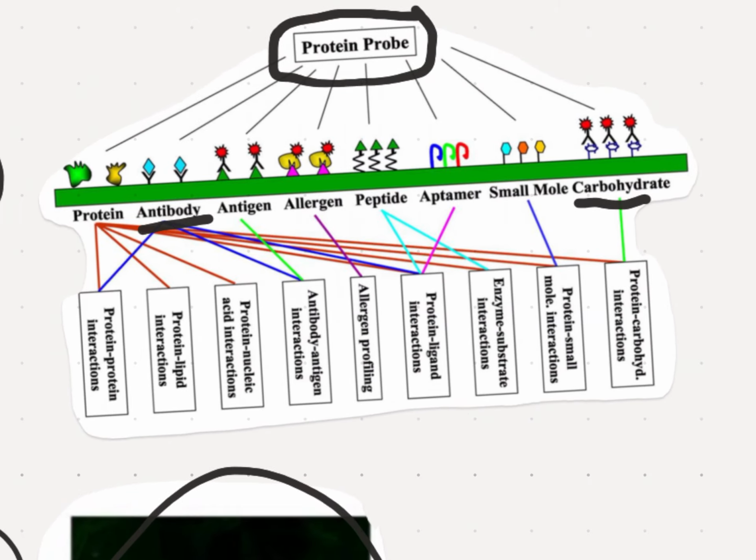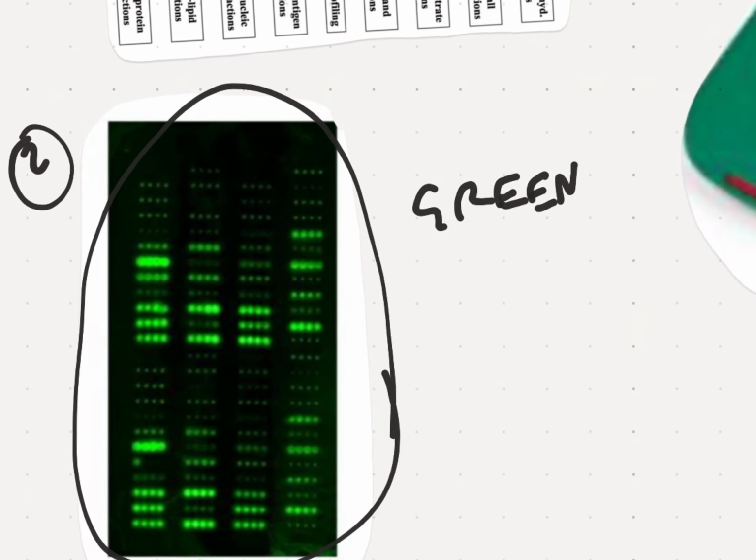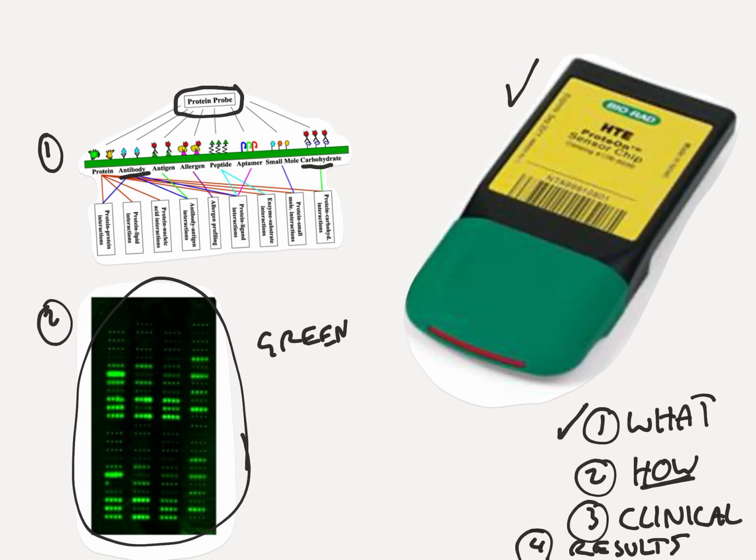In our case, this would be the green part here. And then the 4th thing being the color that you're getting when things work out. In our case, it's green. Okay, so I would consider that as the how part being done.